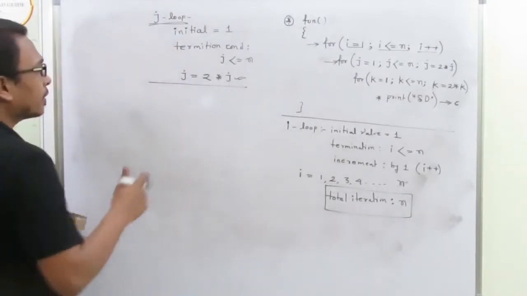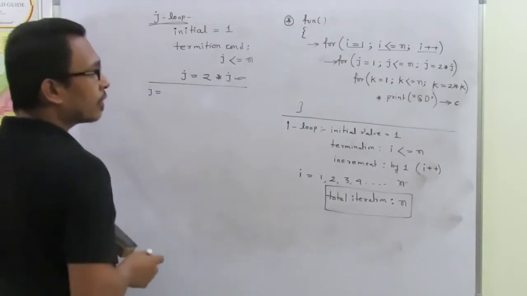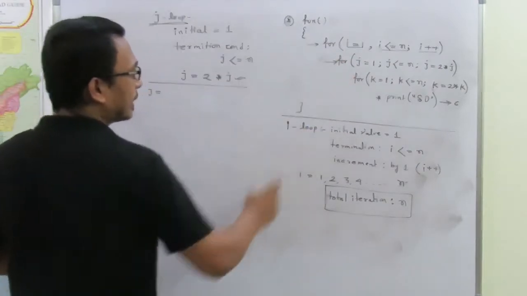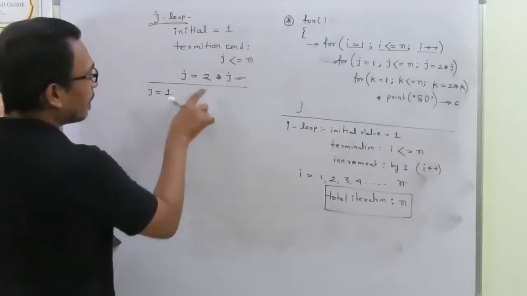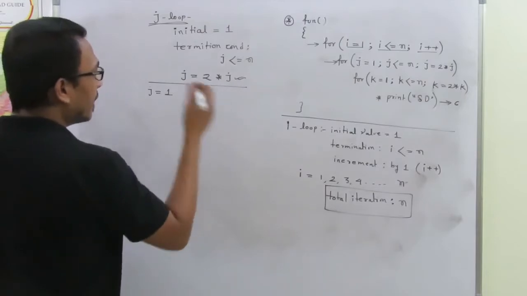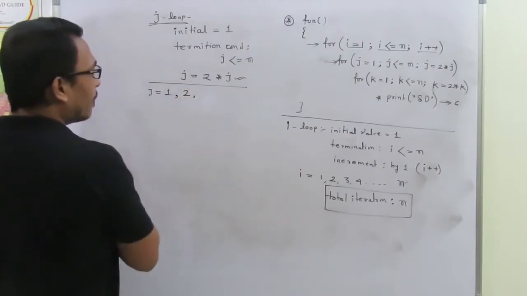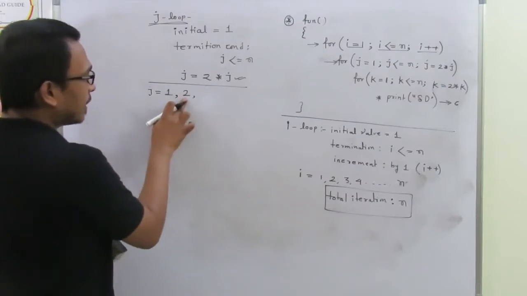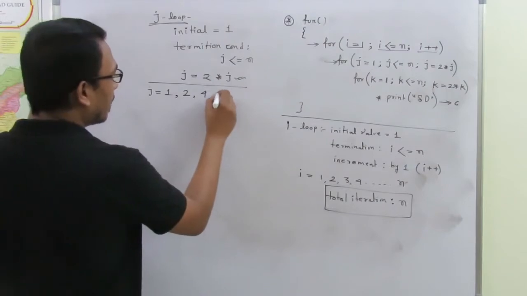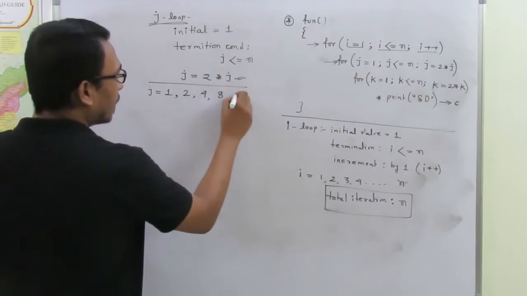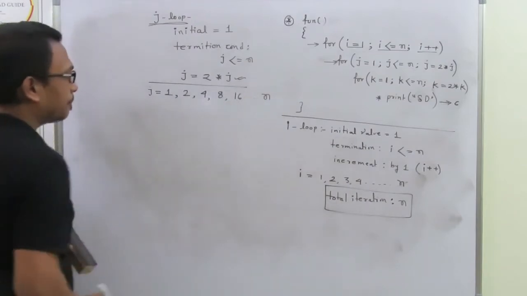So let's check for which values the loop will execute. The first value is 1. After that we get 2, then double of 2, that is 4, then 8, then 16, like that. It will continue till n.